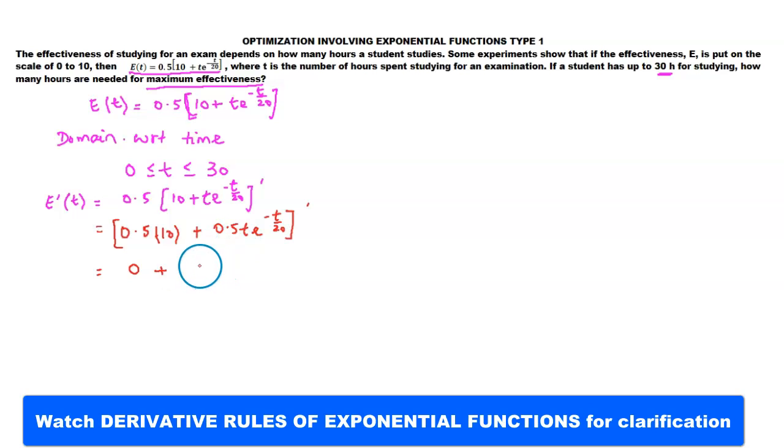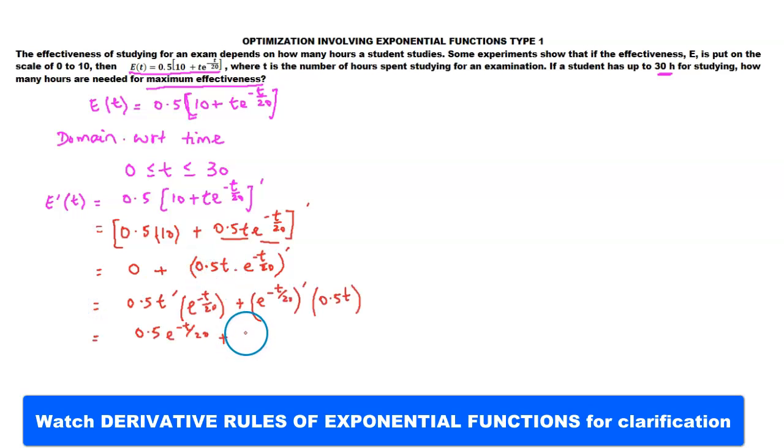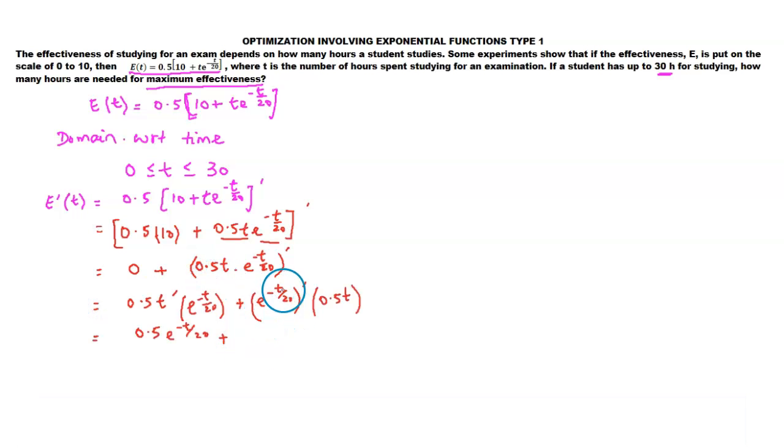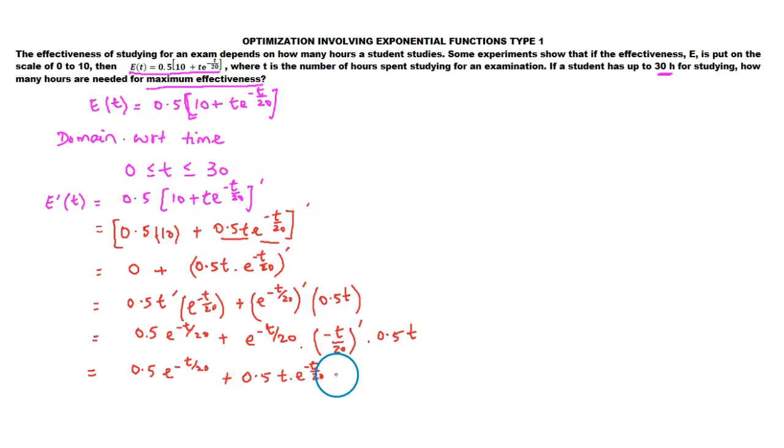Then for the derivative of this, we first see that it is a product of this and this, so we apply the product rule. The derivative of e to the power negative t over 20 gives us e to the power negative t over 20 as is, times the derivative of negative t over 20, which is negative 1 over 20.